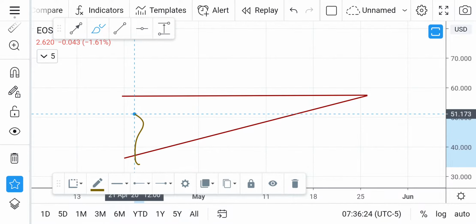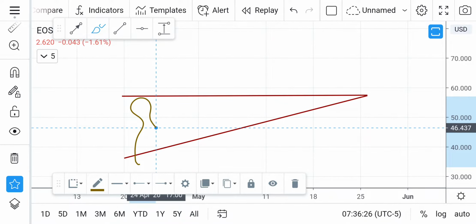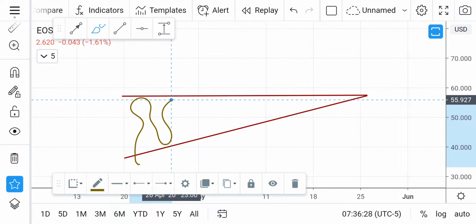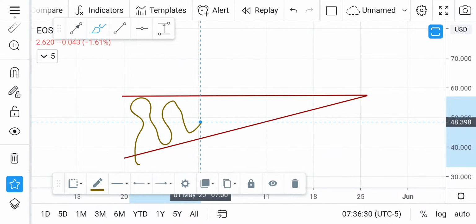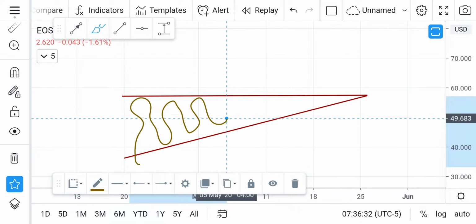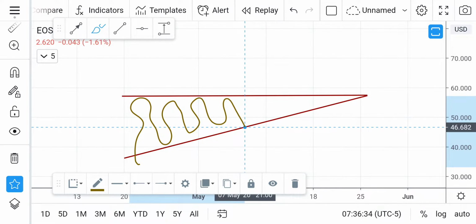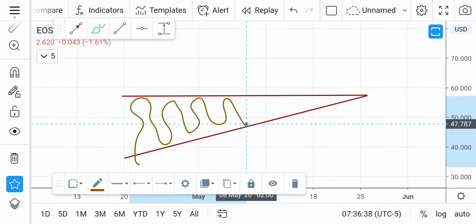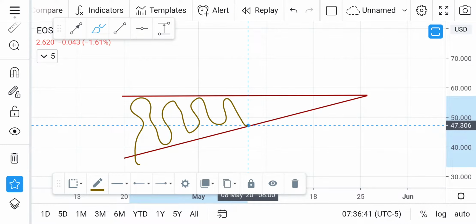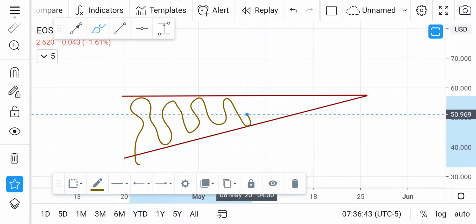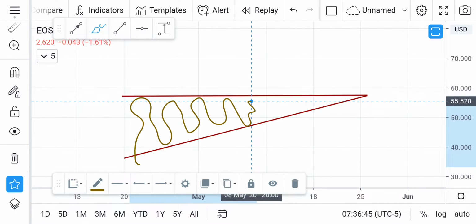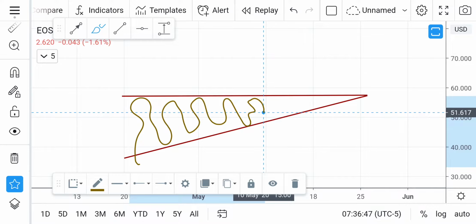Let's say it goes like this, it comes down. So it's going to be moving through the channel like this, up, down. It won't break below the lower channel. If it breaks below the lower channel, you know the chart is invalidated. That means the ascending triangle is no longer functioning.